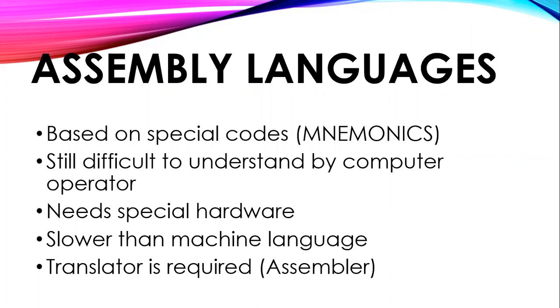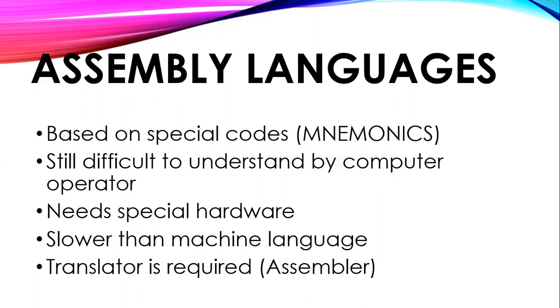Since it is not the own language of a computer system, it is slower than machine language. Machine language is the faster language to be processed by a machine, but entering instructions is a difficult task. So the fastest computer language is machine language.